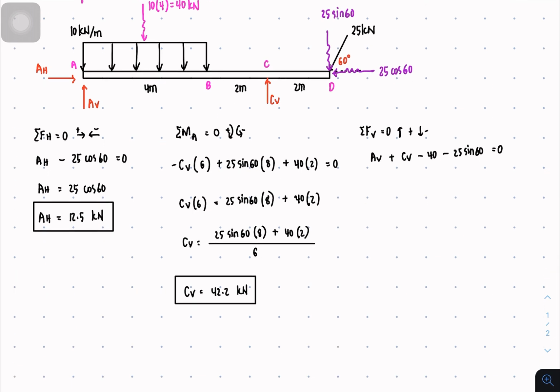Okay, so now we can substitute CV as 42.2 minus 40 minus 25 sine of 60 equal to 0.